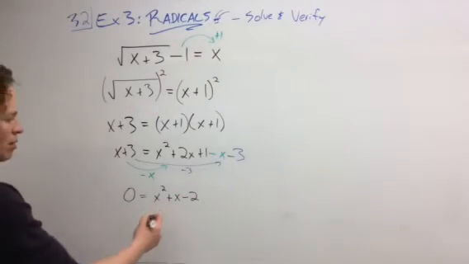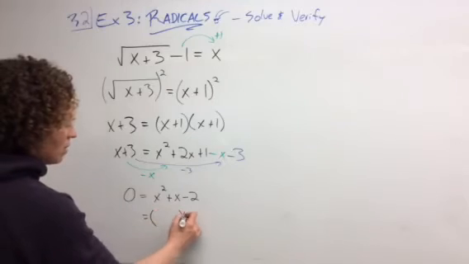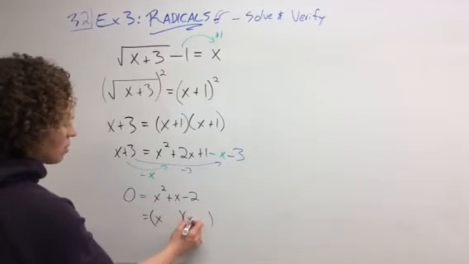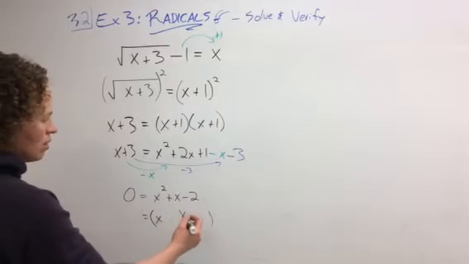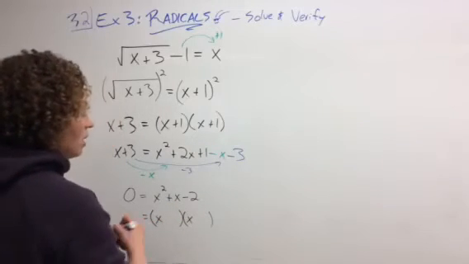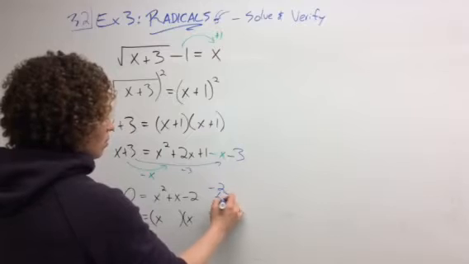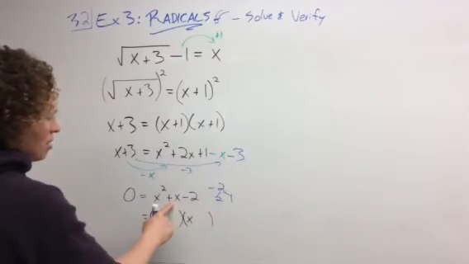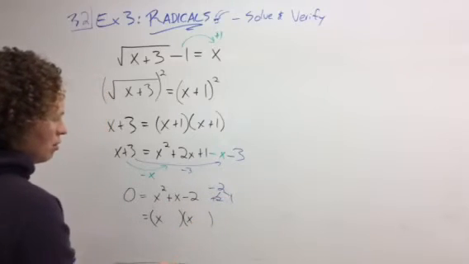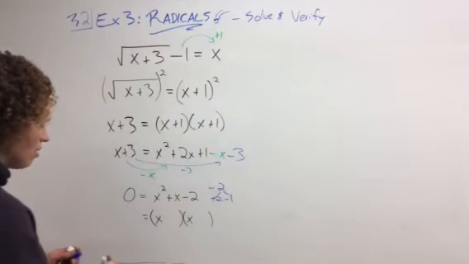So this is a pretty simple thing to factor because I've got just an x squared, so I just write my x's there. I need to have a 2 there and a 1 here, so the factors of negative 2 are just 2 and 1. Whoops, that's a 1. And this has to be positive, so the big number needs to be positive. That means that's a negative 1.